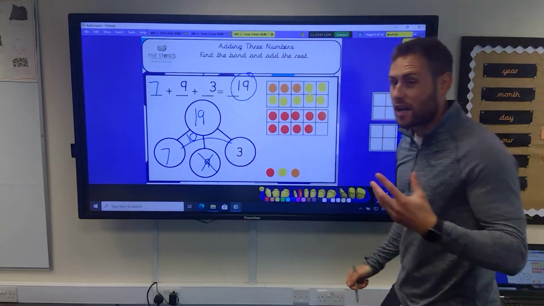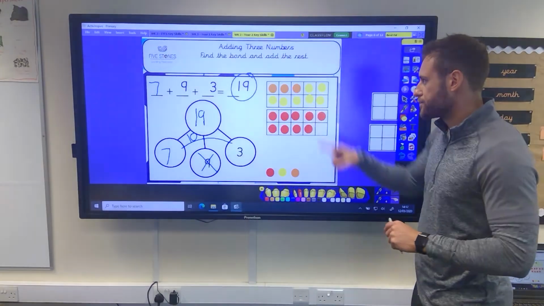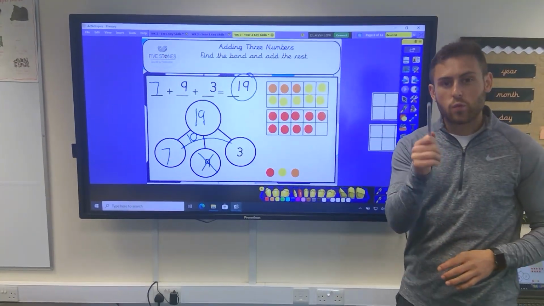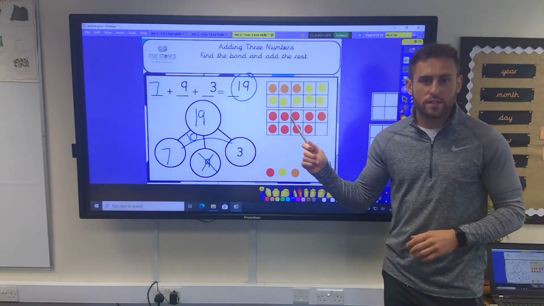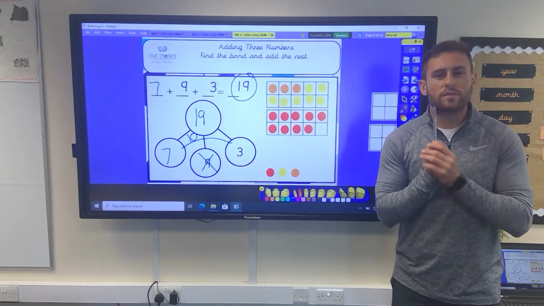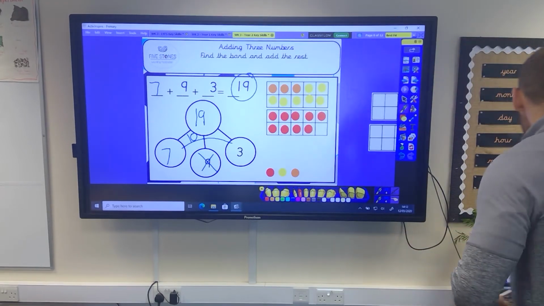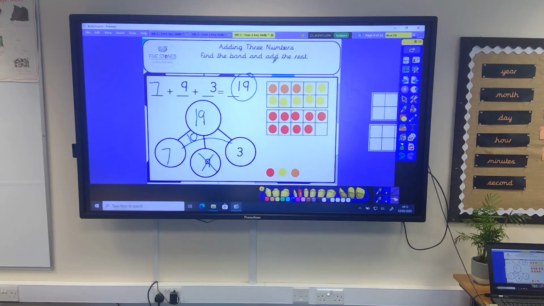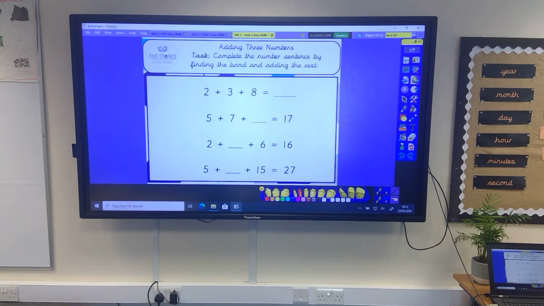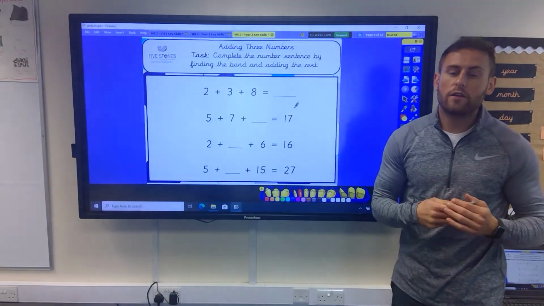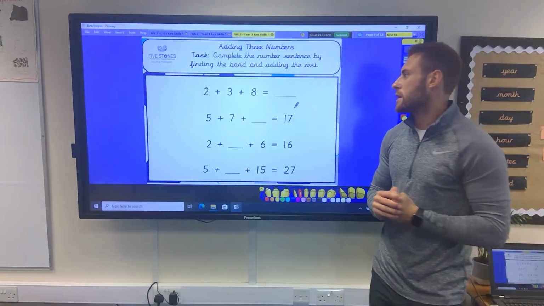So hopefully we are starting to spot those missing numbers in there. Find the bond, add the rest. It doesn't always work. There's not always a bond to 10, but look for bonds and numbers that you're comfortable at working with in your head. So now, without the visual representation, feel free to draw the picture if you need to.